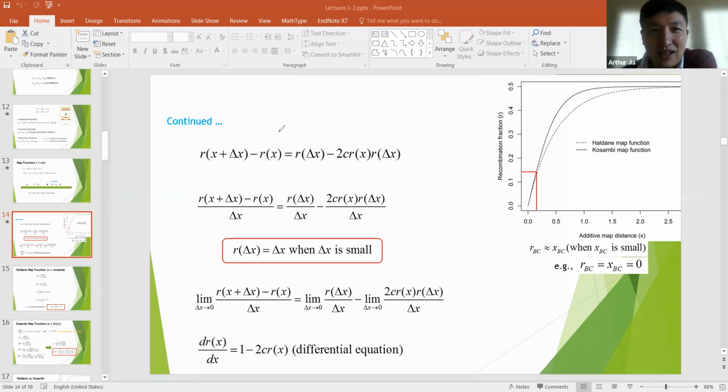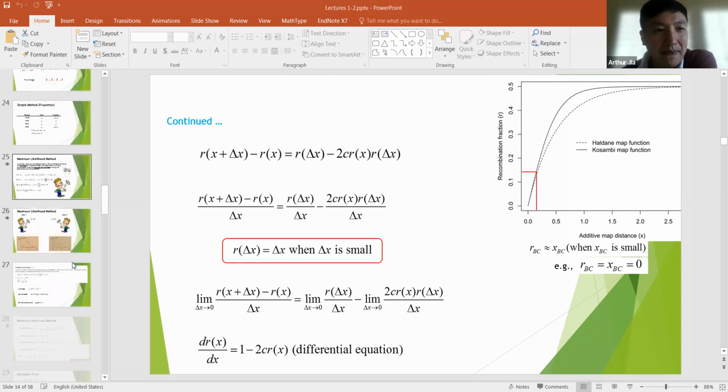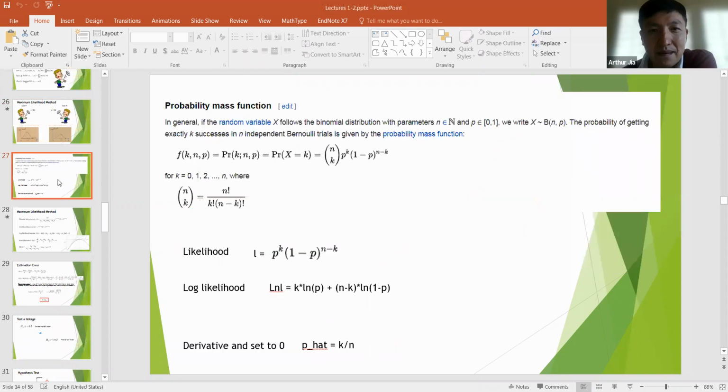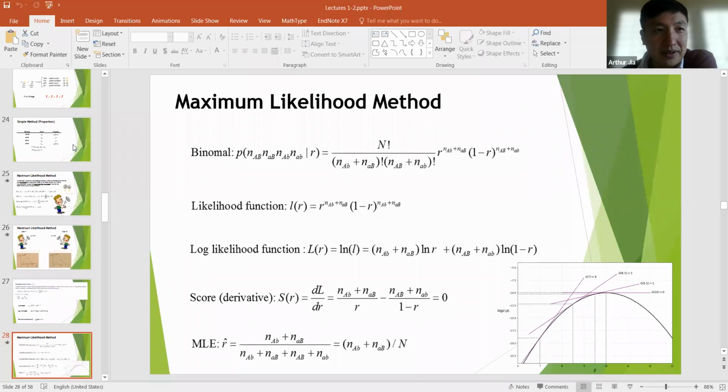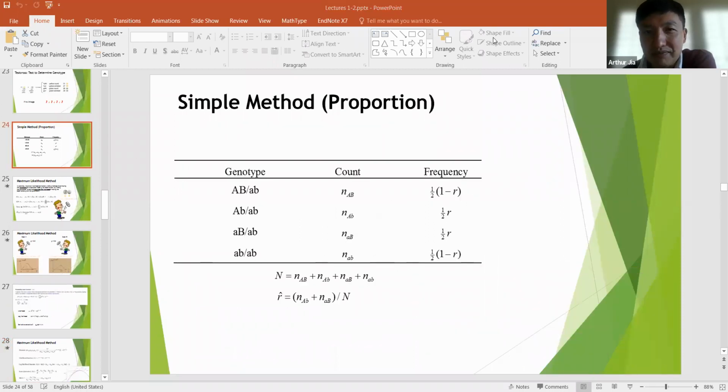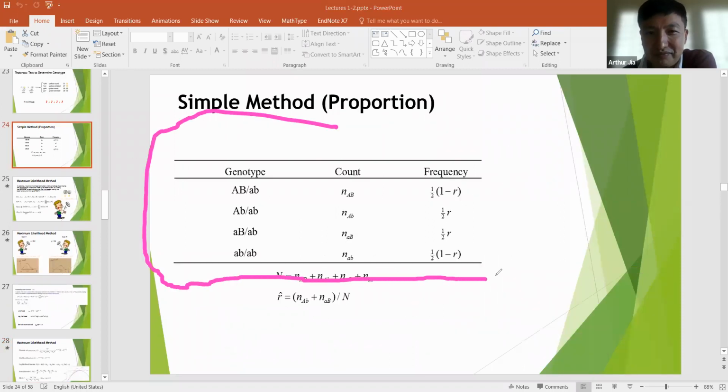So, for example, if I give you some kind of data, let me show you. Okay, so if you have data like this, how can you construct your likelihood function?